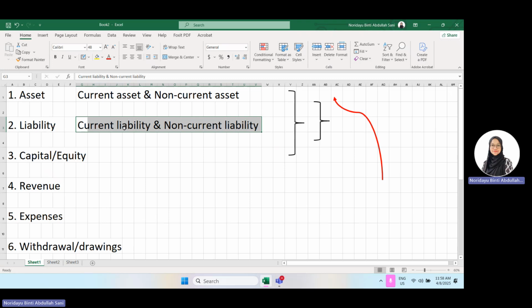So when you have trade payables or accounts payable, now our business owes our suppliers. So we have to pay those amounts owing. So the amount owing is your current liability, right?